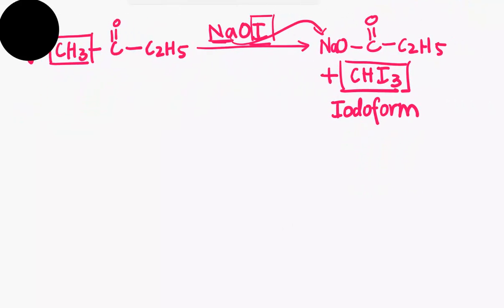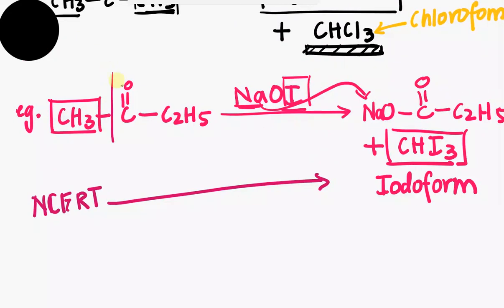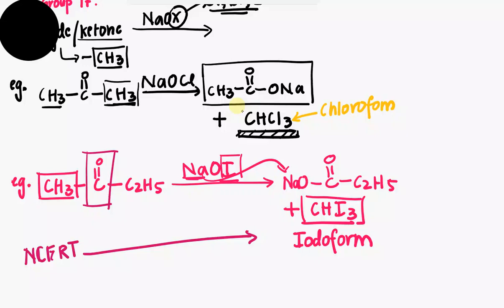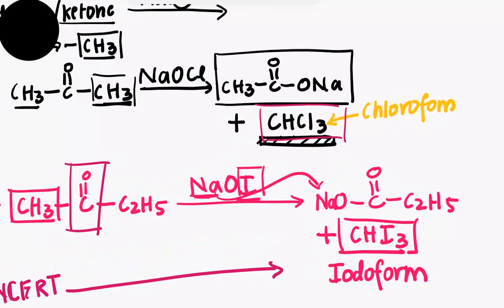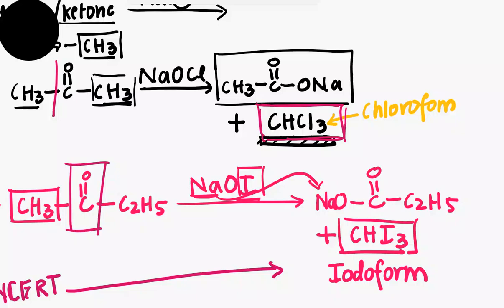And it has been given in NCERT that this iodoform reaction is used to identify the presence of carbonyl group. We can also detect if chloroform is released. If chloroform is released in the reaction, it means that the carbonyl group is present.